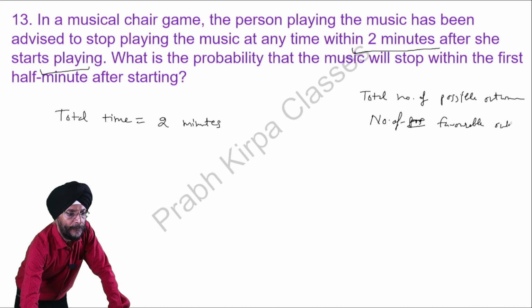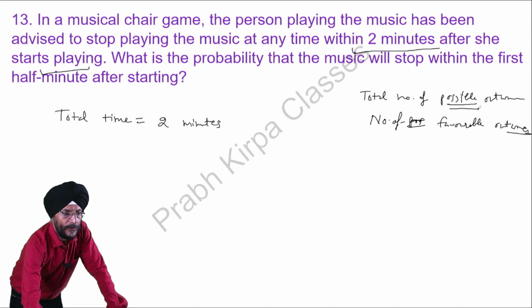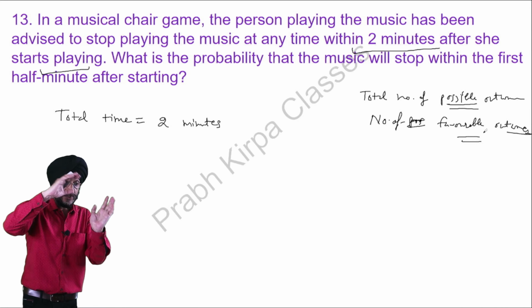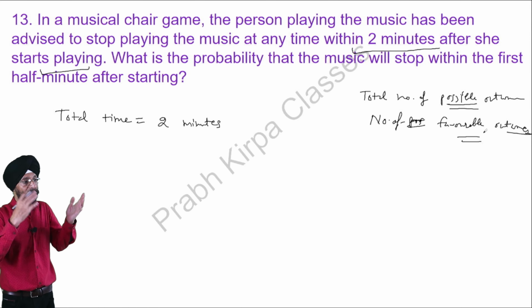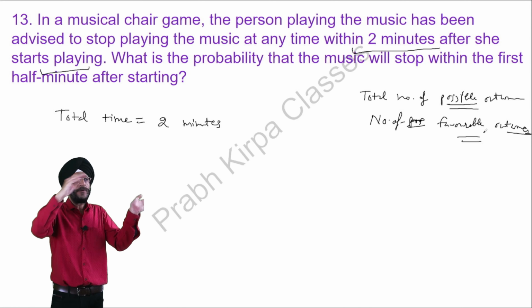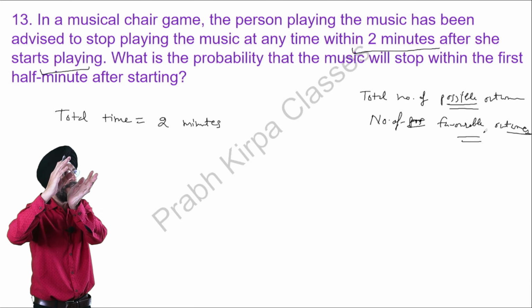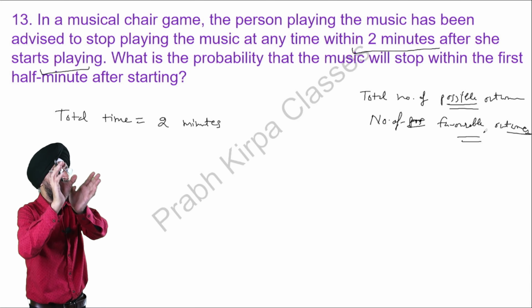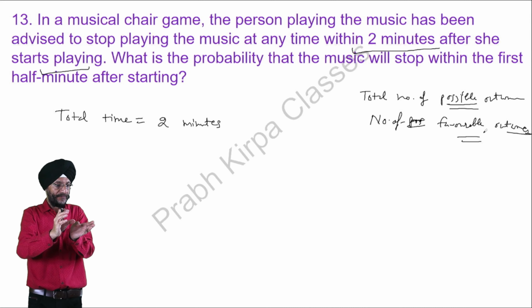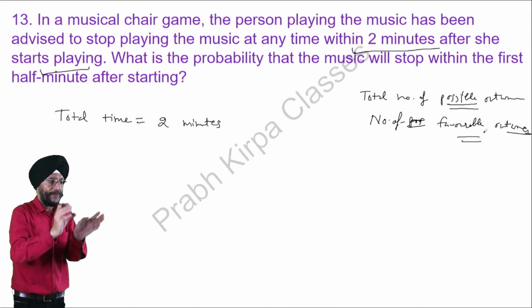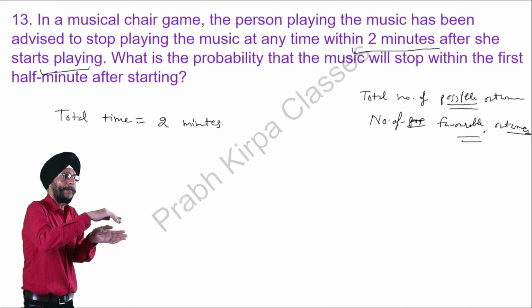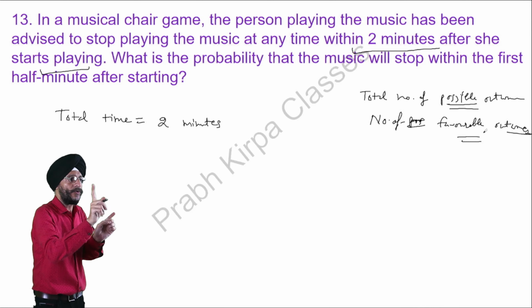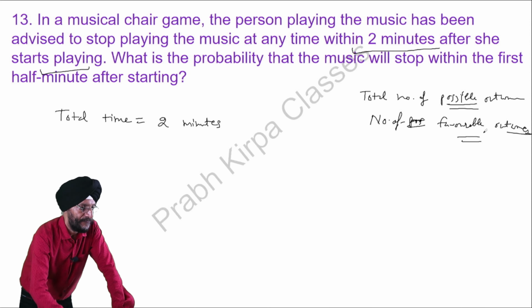Normally in probability questions we mention total number of possible outcomes and the number of favorable outcomes. But if there is the calculation of an area, we will mention total area, then the favorable area. In the case of time, the same thing happens. We will mention not total outcomes, we will mention total time.